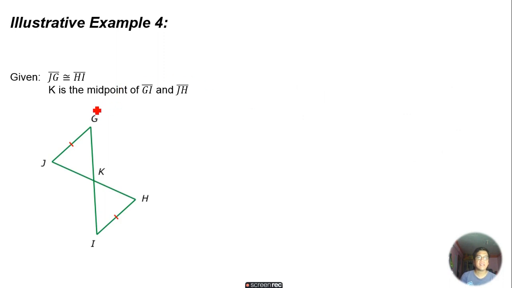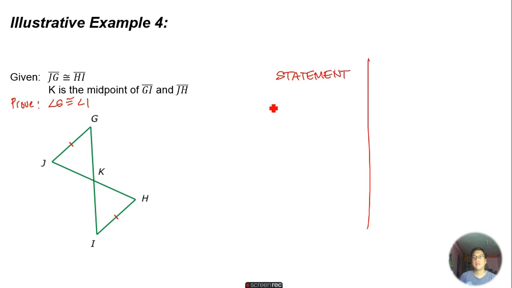Now, let's look at this. Prove that angle G is congruent to angle I. Let's make the two-column proof. Statement and then reason. Again, write the given.